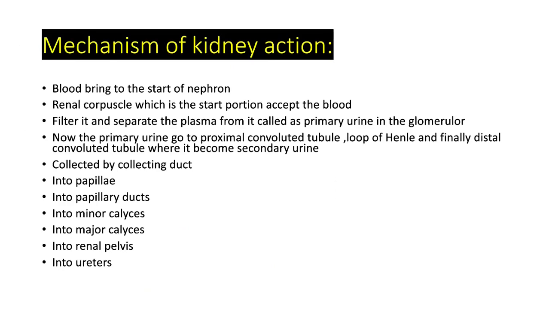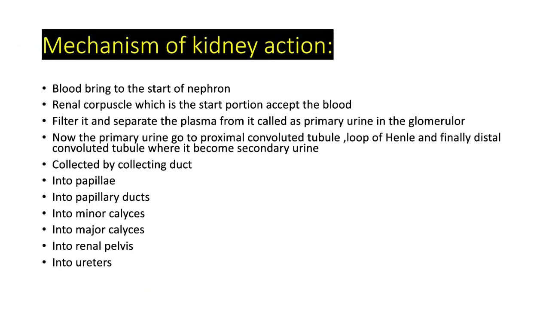So the mechanism of action of the kidney. When blood is brought to the start of the nephron, called the renal corpuscle, it starts filtering the blood and separates the plasma from it, called the primary urine, in the glomerulus. Now the primary urine goes to the proximal convoluted tubule, then the loop of Henle, and finally the distal convoluted tubule, where it becomes secondary urine.